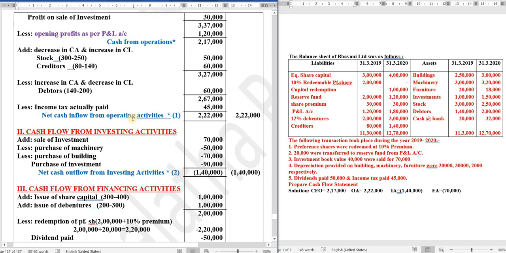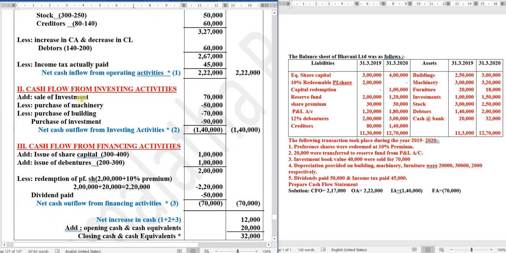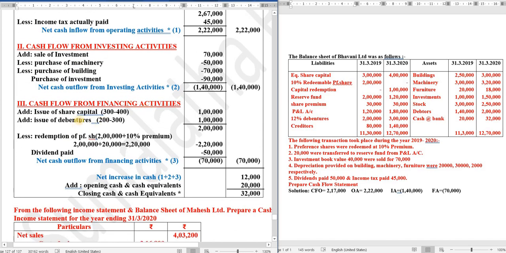You will be getting operating activity. Then in the investing activity, we have concentrated on the fixed assets, sale and purchase. In the financing activity, we have concentrated on the shares, dividend paid and redemption. With this, we get a closing cash of 32,000. This is how the cash flow statement has to be prepared.